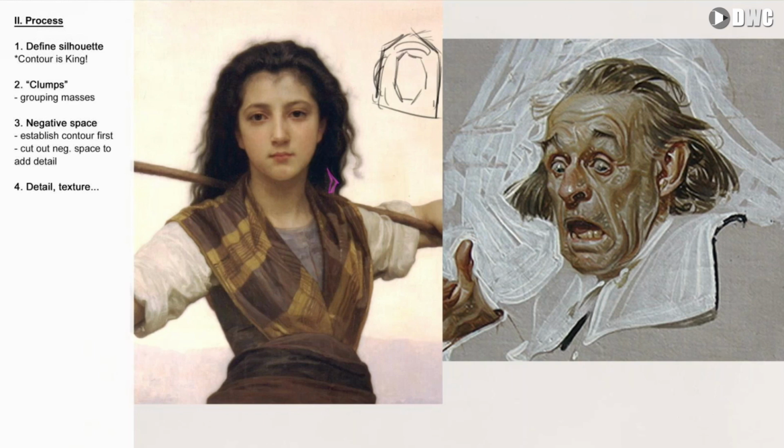And the Leyendecker on the right, look at this outstanding silhouette. This is 100% focus on the silhouette by Leyendecker. And then when he's done, he adds his clumps, adds his negative space, and then adds the little wispies, right? Boop, boop, boop. Little wispy here, boop. You know, little filigree here, detail, accents.